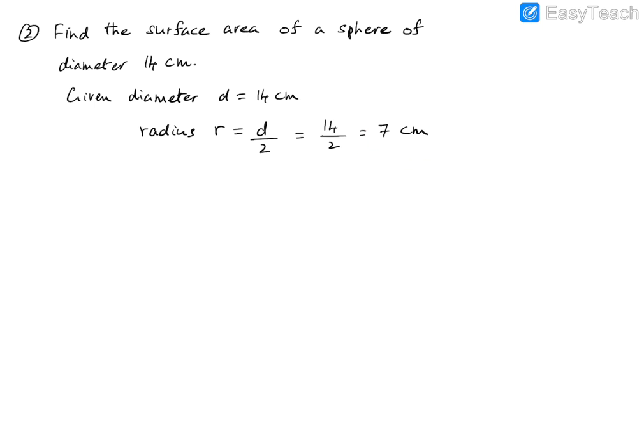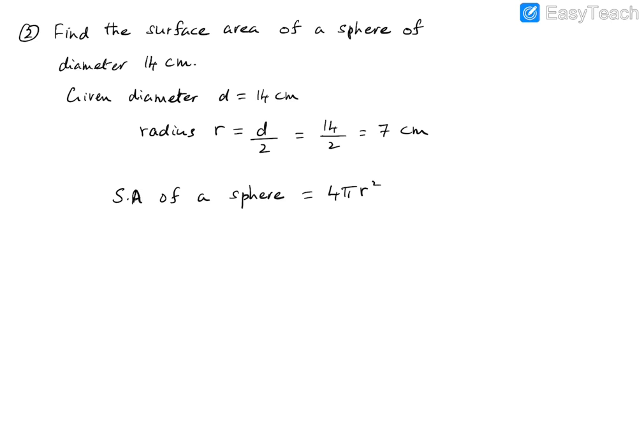From this we can now calculate the surface area of a sphere, which I will write as SA. SA means surface area of a sphere, equals 4 pi r square.